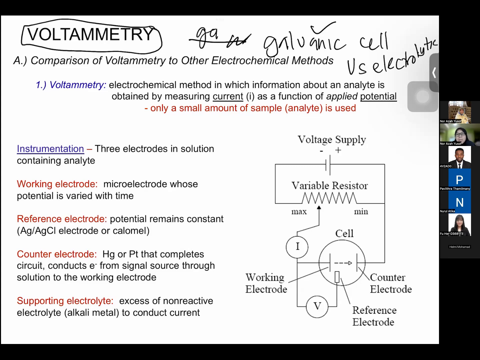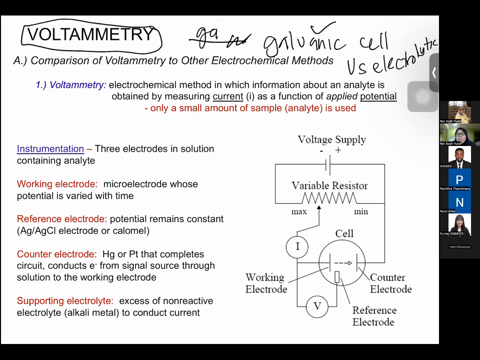That is an example of a galvanic cell. The potential difference that occurs when you dip the pH electrode into the solution happens spontaneously.